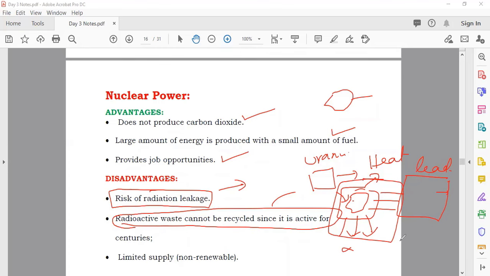Sometimes it needs 5,000 years to become neutralized. So this is a really long time. Understand? Any confusion? No.